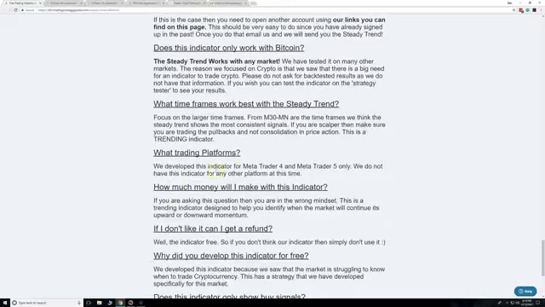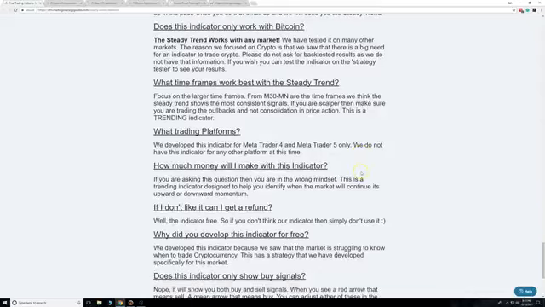Let's see, what else? What trading platforms? That's a great question, and this is for the MetaTrader 4 platform and MetaTrader 5. Whenever MetaTrader 4 is no longer here, who knows, it will be here for maybe many years, they're going to be there for you for both platforms. Right now we don't have this in any other platform.